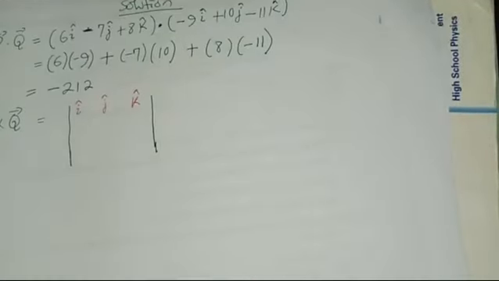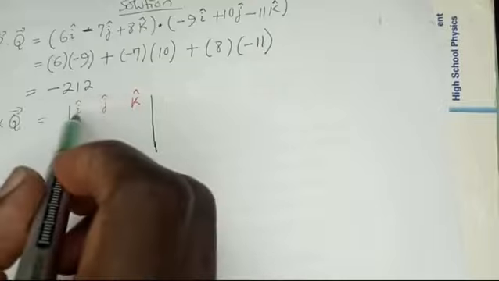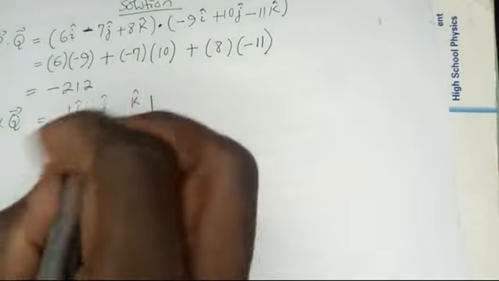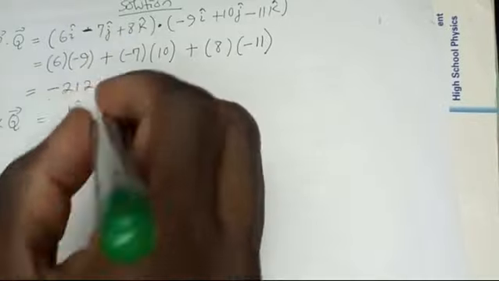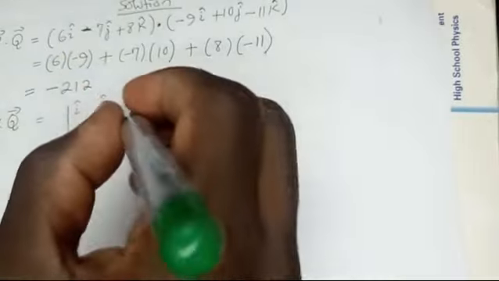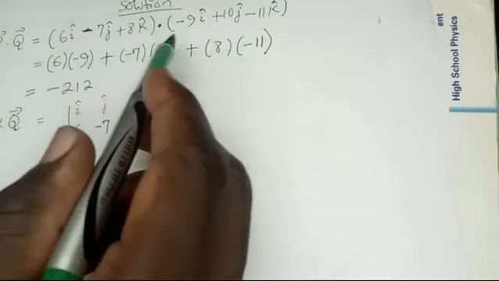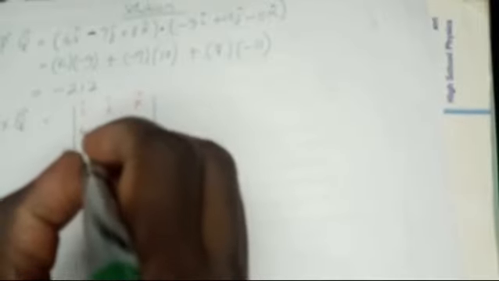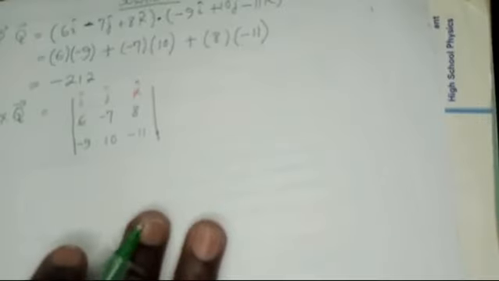So the determinant of this one. For P, the coefficient of I is 6, the coefficient of J is negative 7, and for K cap it is 8. Then below we put for Q, which is negative 9, 10, negative 11.